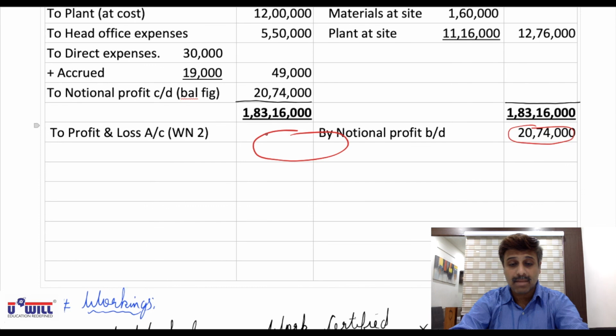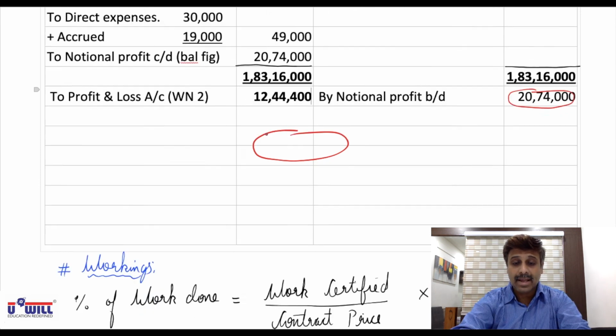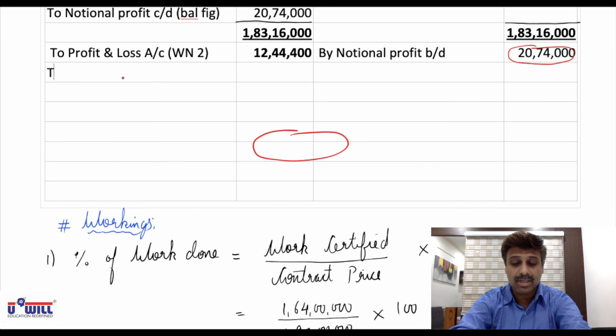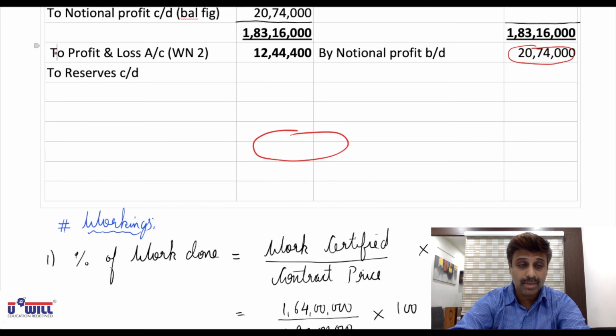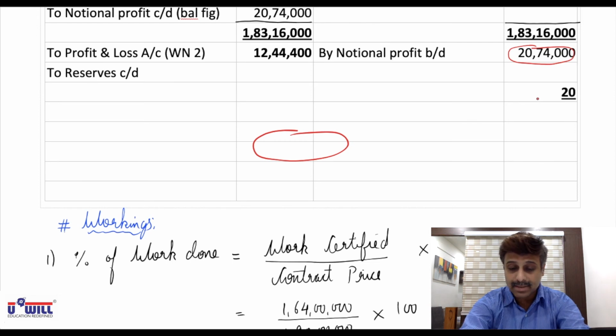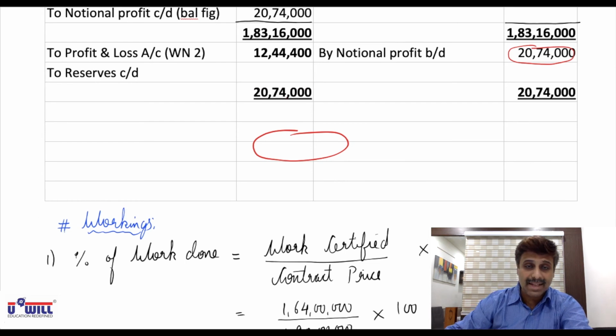So that amount will come over here, 12 lakh 44,400, and the remaining amount will be transferred to reserves. To reserves carried down: the balancing figure will be transferred to reserves. First, the credit side total, all of you write on both sides: 20 lakh 74,000 will come on both sides.